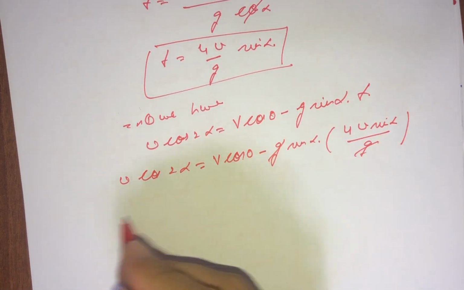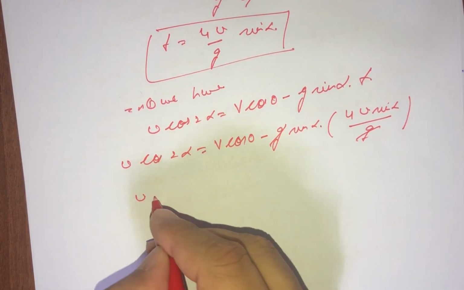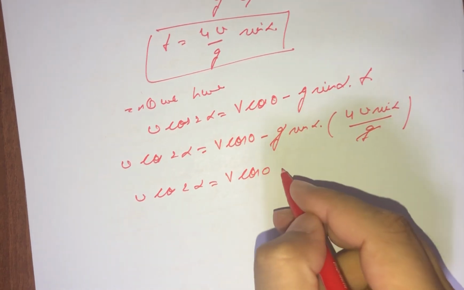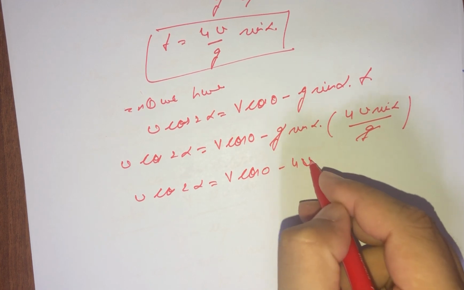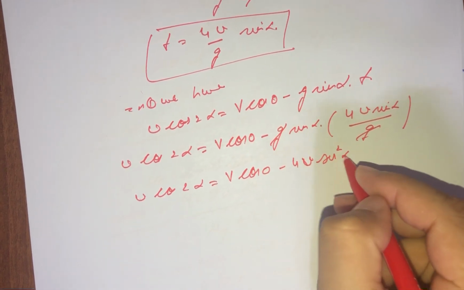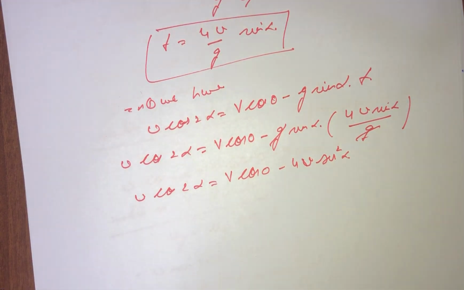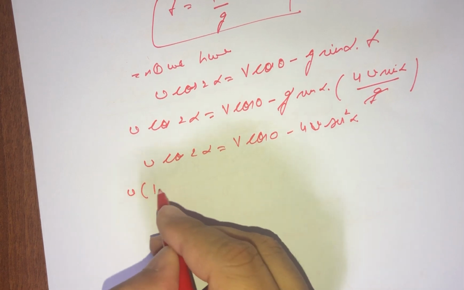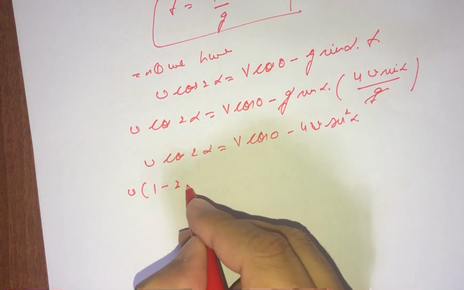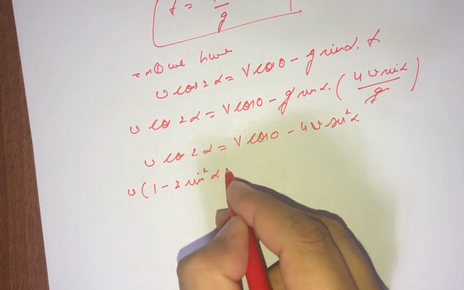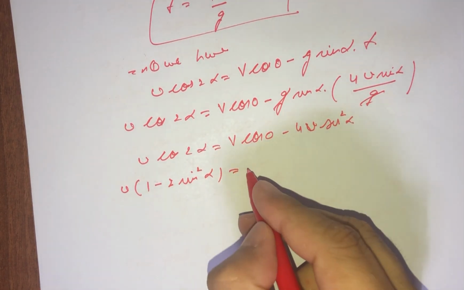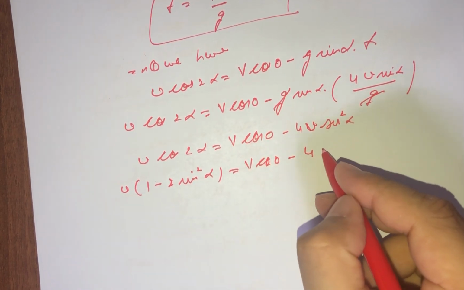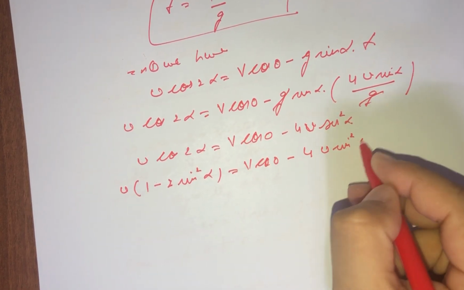G cancels out with g, so we are left with v cos 2 alpha is equal to v cos of theta minus 4v sine square alpha. Now we know that cos 2 alpha can be written as 1 minus 2 sine square alpha, which is equal to v cos of theta minus 4v sine square alpha.